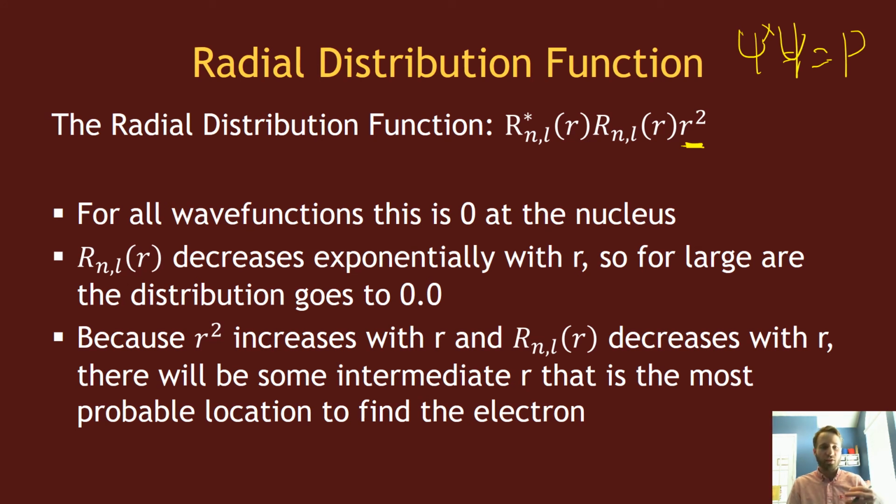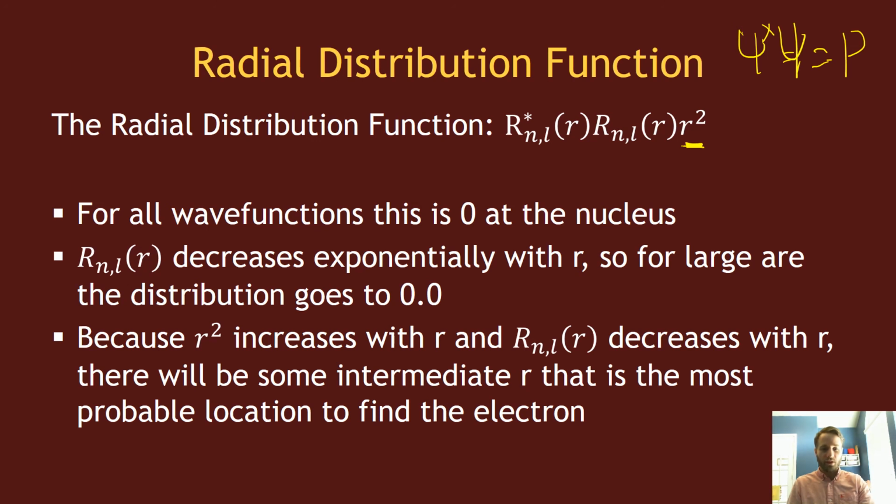What that means is that for every single orbital, every single wave function an electron can occupy, it's going to have 0 probability of being at the nucleus, which is good. We shouldn't expect the electron to be exactly on top of the nucleus.